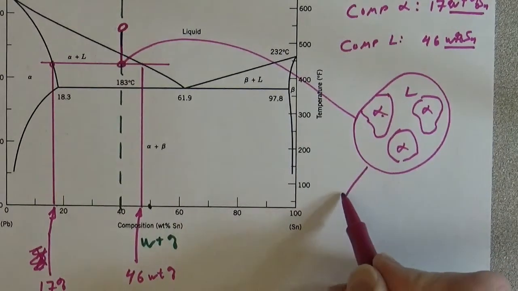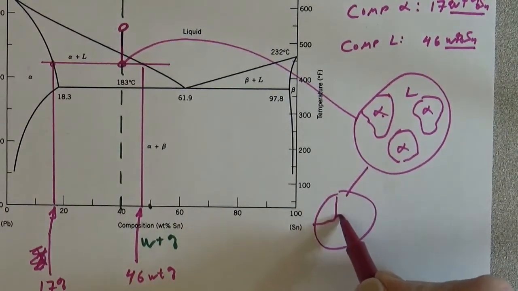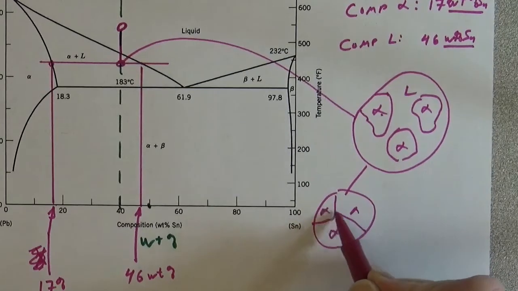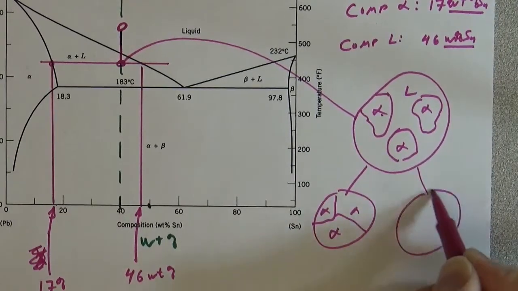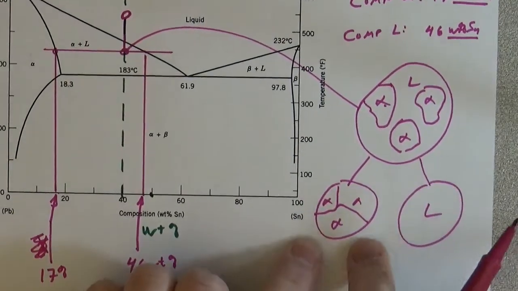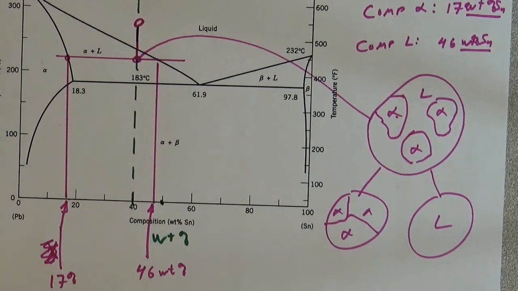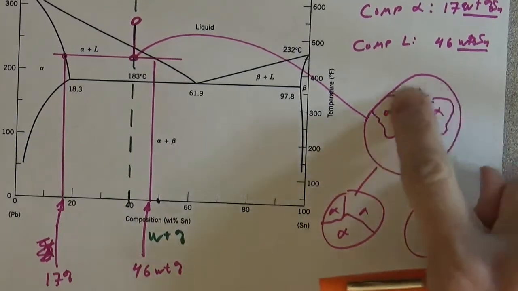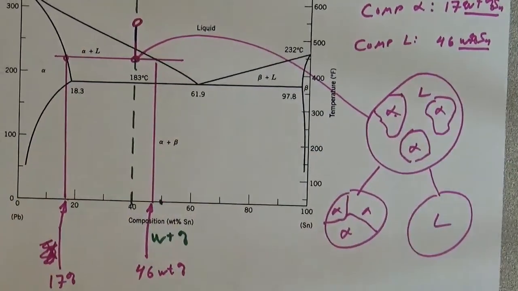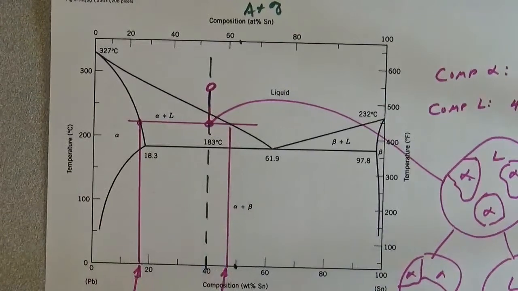If we could separate them out, we would know the composition of each of these subsystems, and we want to address the question: how much alpha is in the total system, and how much liquid? We get that from the lever rule.